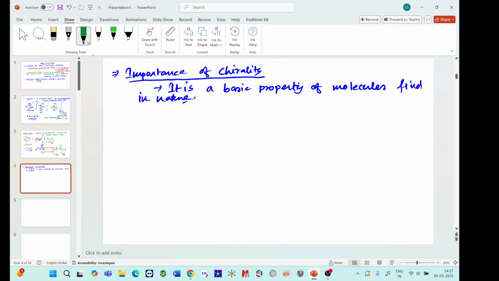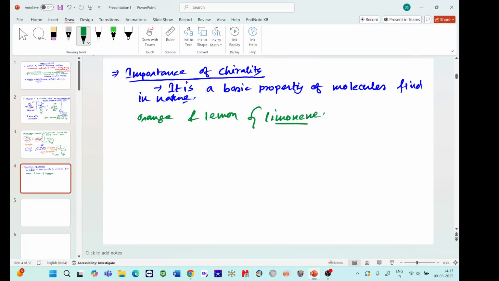So you all heard about orange and lemon. Okay, we daily consume these two fruits. So in this orange and lemon, the main ingredient is limonene.